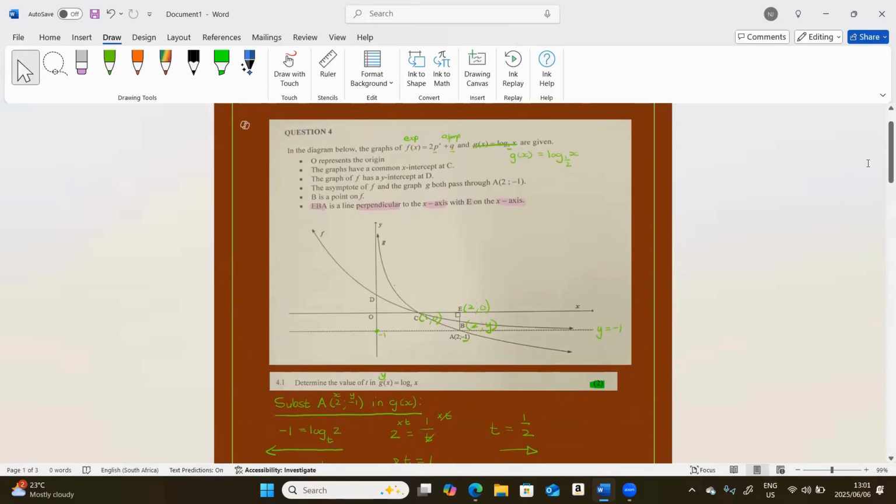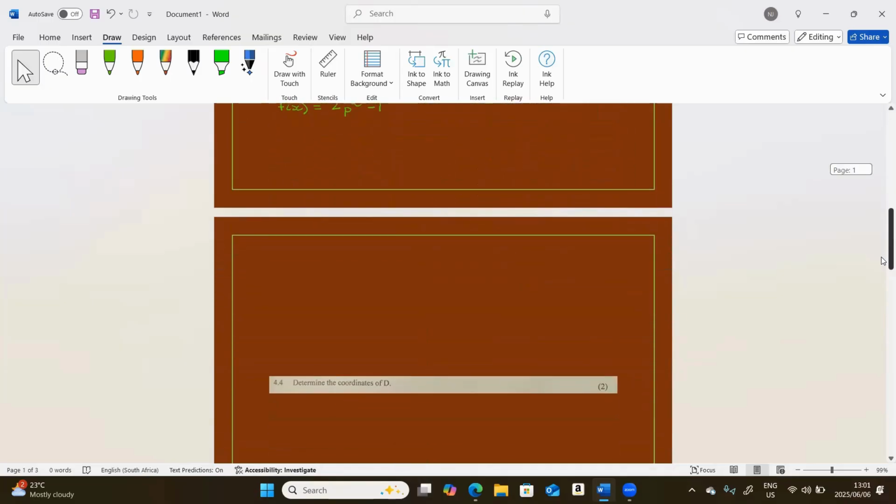Okay, so let's go look at F. Now, when we follow F, because remember, we are looking now for a coordinate to substitute into F to get the value for P. So when we go down, we don't have D yet, but you would see that point C, coordinate C, we have this coordinate over here, which is 1 and 0. So we can substitute this coordinate into the exponential function, and then we can solve for P. So let's go ahead and do that.